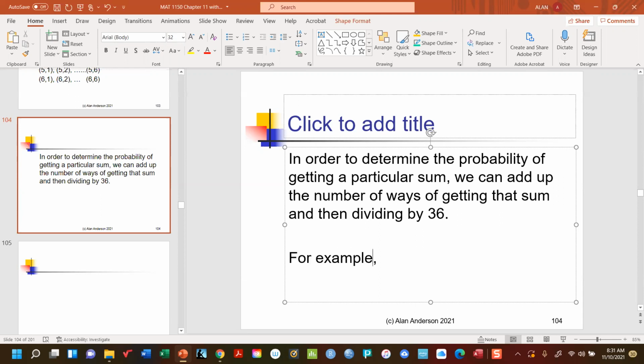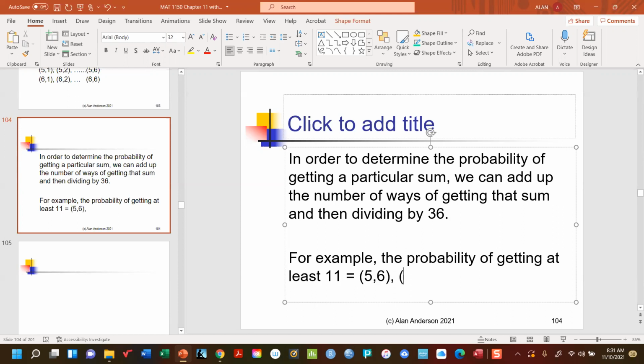For example, the probability of getting at least 11 would be, all right, how many different ways can this happen? You can get a 5 and a 6, and a 6 and a 5, and a 6 and a 6.